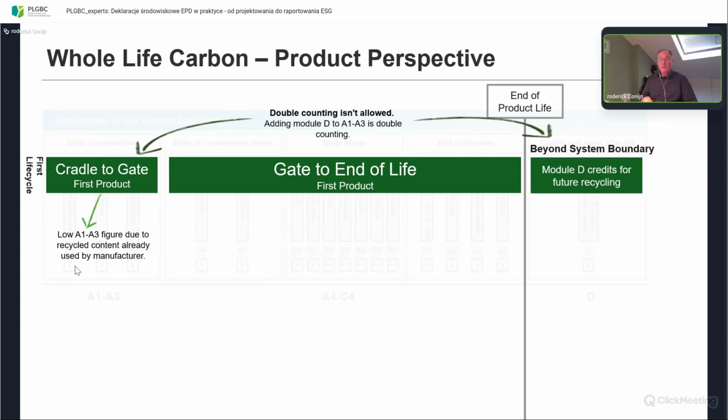So within the rules of calculating the data within the ISO norms of the EPD, showing the D module is not forbidden, but using it as a factual number, so saying, well, my end-of-life carbon footprint is this, is not allowed within the boundaries of an EPD.